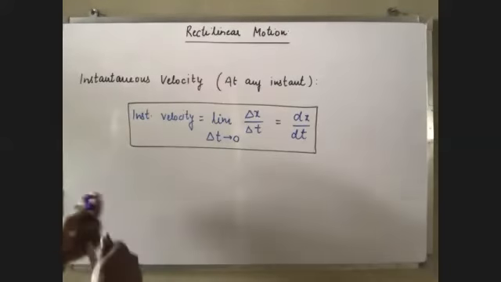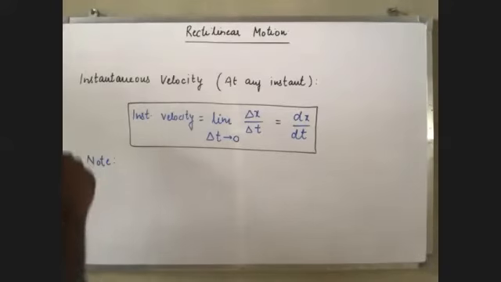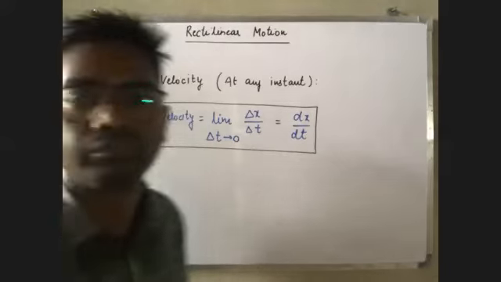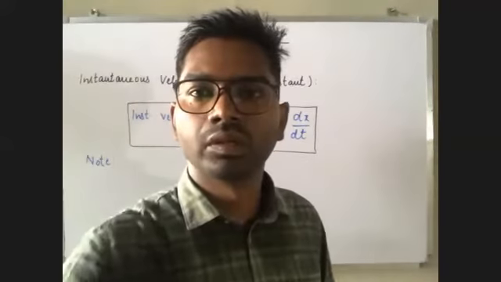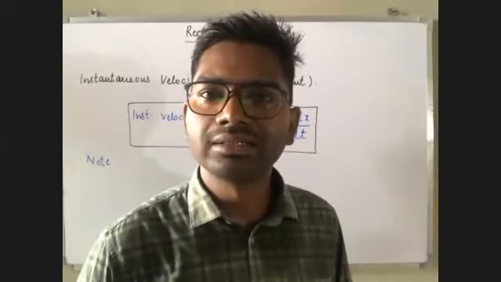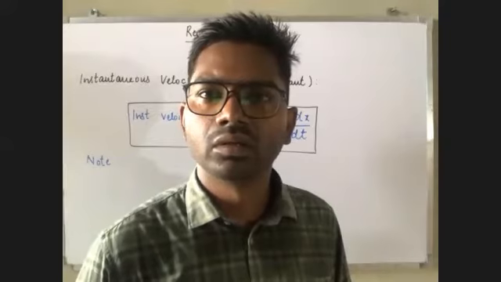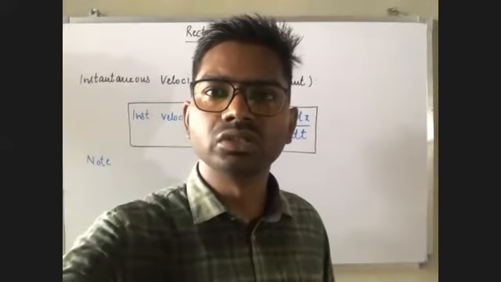Once noted, just let me know. Can we write it as ds by dt? Why does time tend to 0?